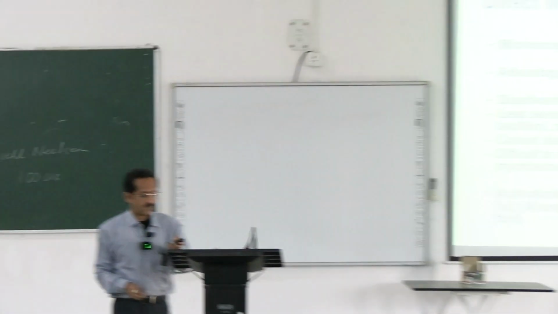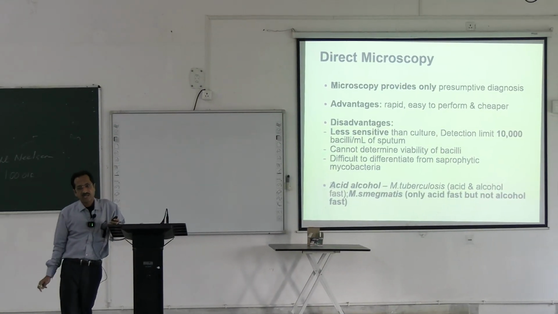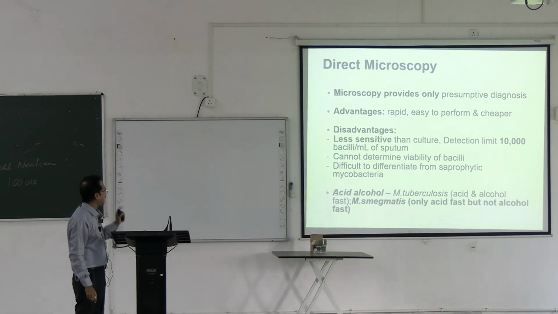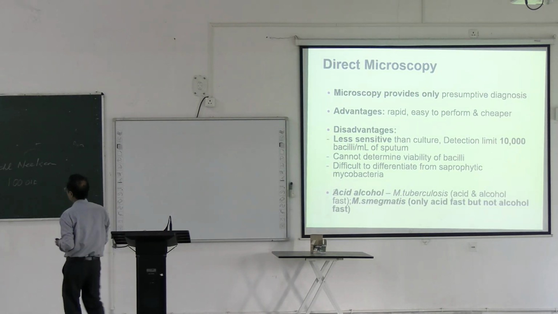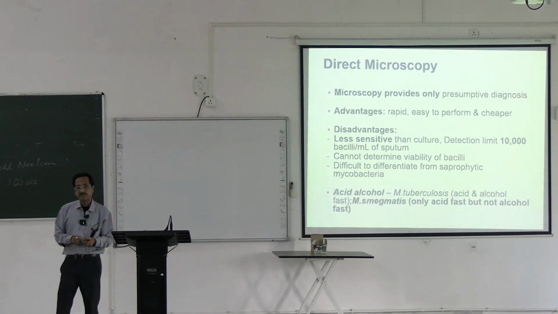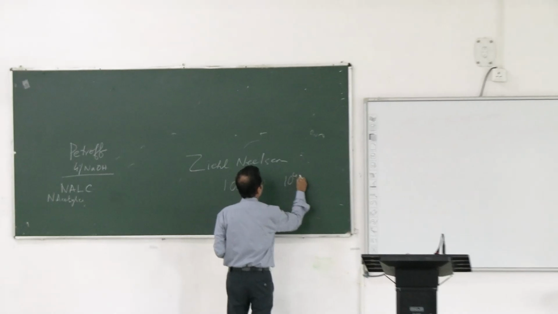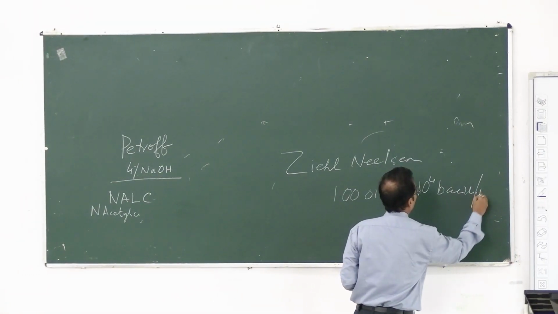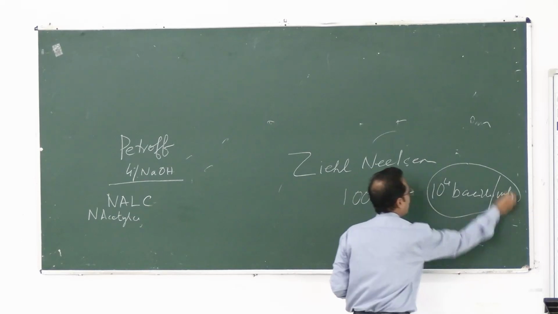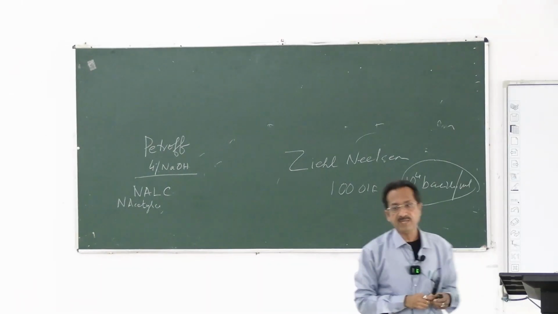Microscopy, what are the advantages? It can be done quickly, so turnaround time is very short. Rapid, easy to perform. Disadvantage: to get a positive slide, you need at least 10 to the power 4 bacilli per ml. So if the amount of bacilli is less, you will get sputum AFB negative.